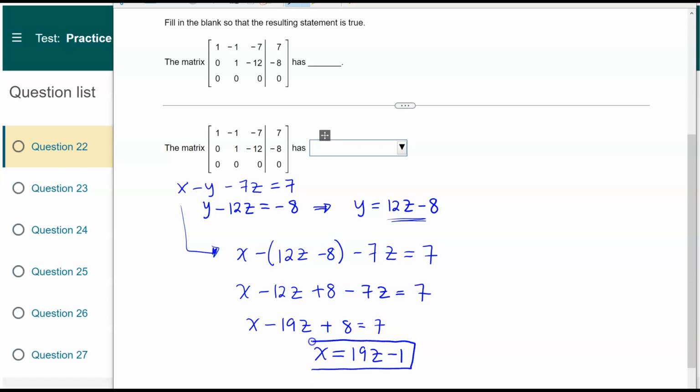So this is now your expression for x, and this is for your y.